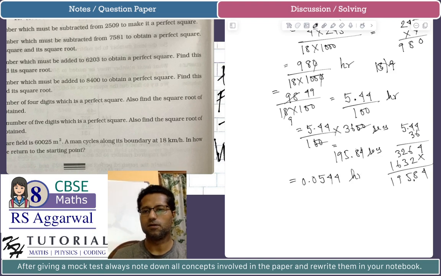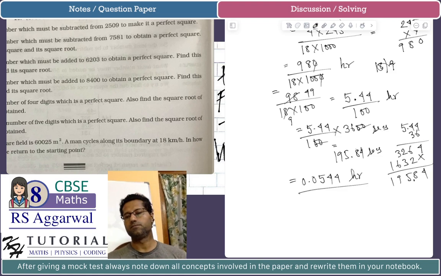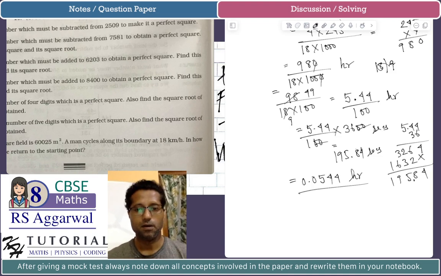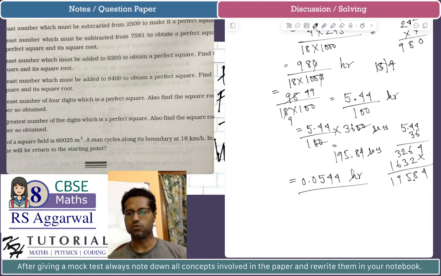This is not a good looking figure. 195.84 seconds is good, but you can also convert 195.84 seconds into minutes and seconds. Anyway, in how much time will you return to the starting point? So the answer should be 195.84 seconds or 0.0544 hour, if I have not done any calculation mistake.